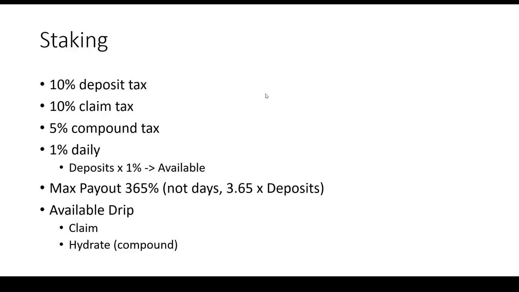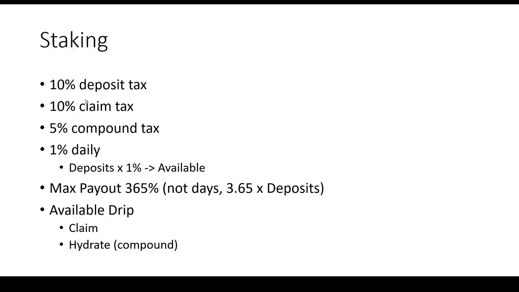So first of all, just some key points to remember. When you stake drip tokens, you do pay a 10% tax whenever you deposit. So if you deposit 100 tokens, you're actually only going to get credit for 90 tokens on the deposit.